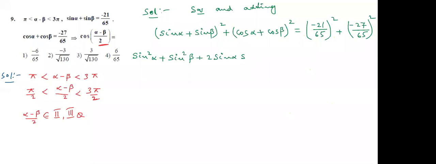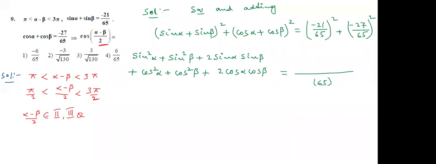Now second term, students, plus cos square alpha plus cos square beta plus 2 cos alpha cos beta, that is equal to numerator and denominator. Observe that 65 whole square is the LCM.